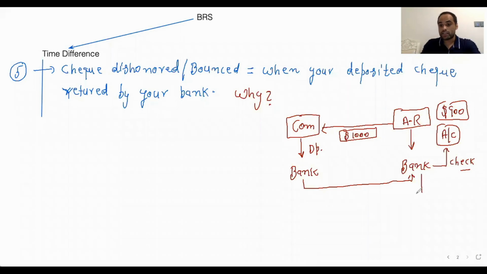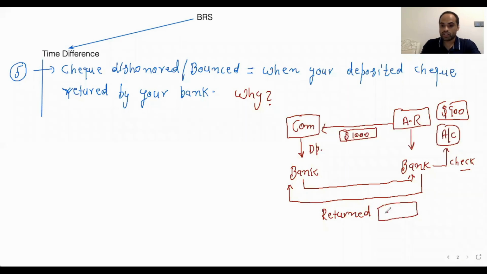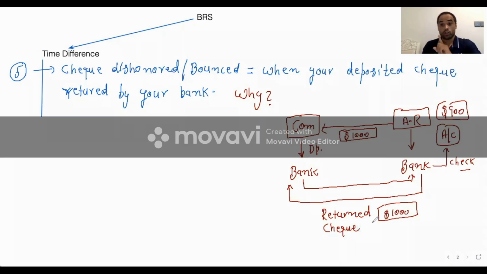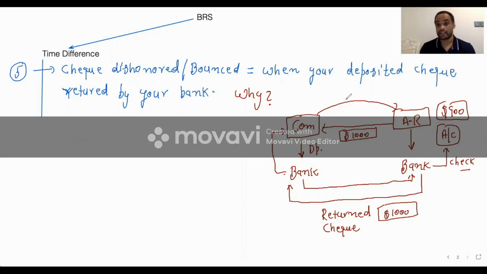Now the account receivable's bank will return this check, which is $1,000. Return the check, not return money, again because the money is not enough. The bank is not going to pay that money from its own pocket. Of course not. The bank will transfer only whatever is in the account. Then your bank will return that check back to you.